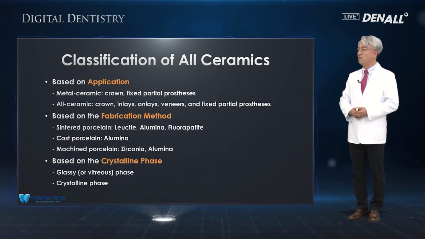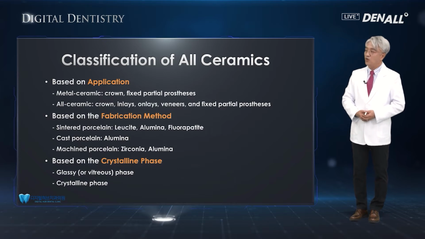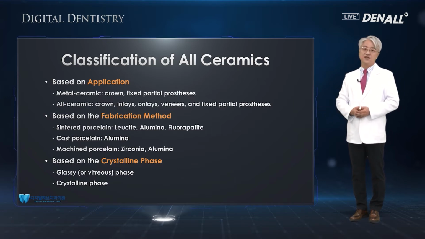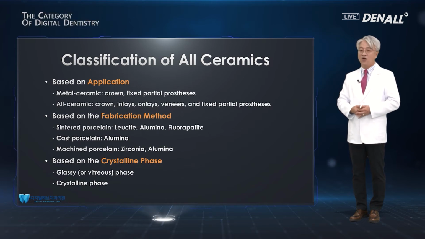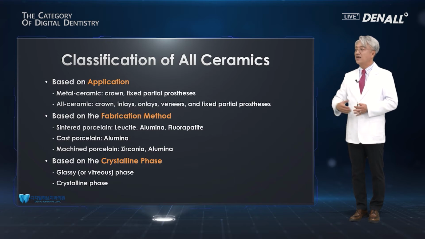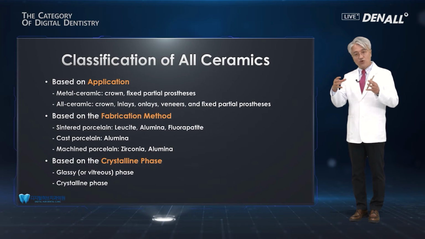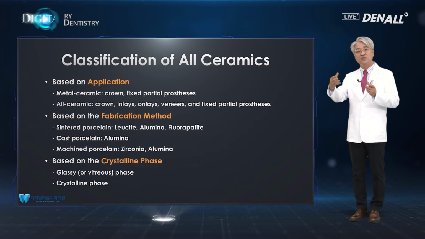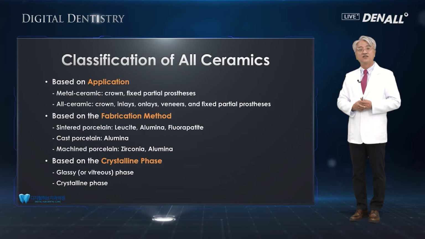In terms of fabrication, lucite, alumina, this type of materials can be sintered, and you bake for a long time at high temperature, so you can create new properties, or you could do wax up and cast. And zirconia or CAD block that's already been made using CAD-CAM, you can mill and cut it yourself.